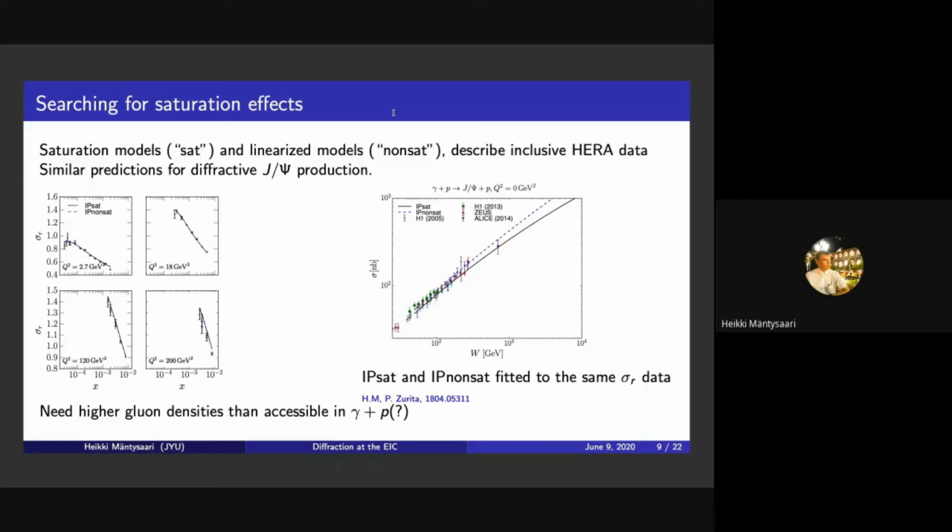Basically, the largest model uncertainty here goes into the J/psi wave function, how a dipole forms a J/psi. This can be maybe something up to, let's say, 30-40% effect on the normalization.